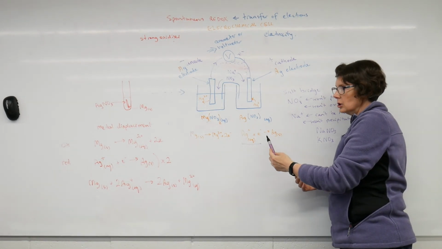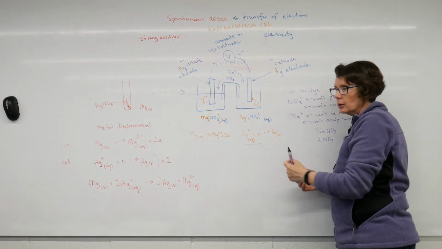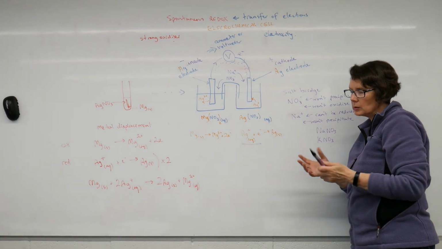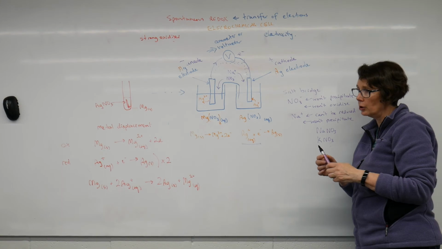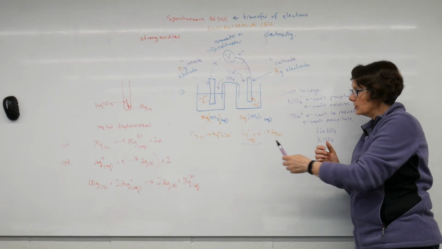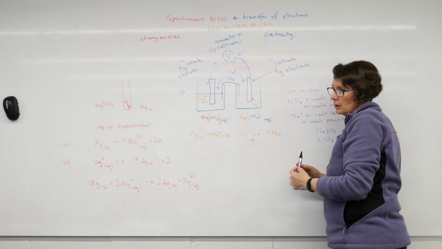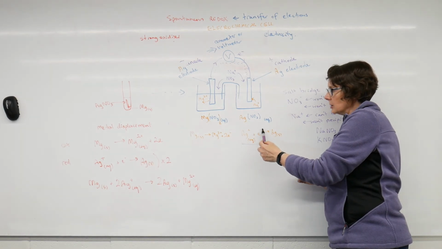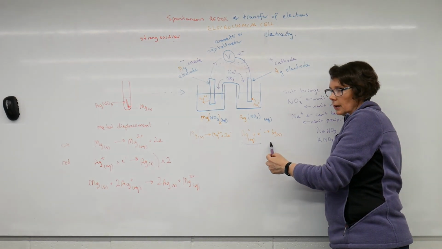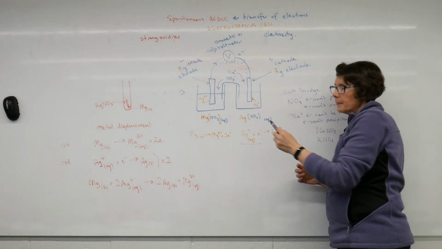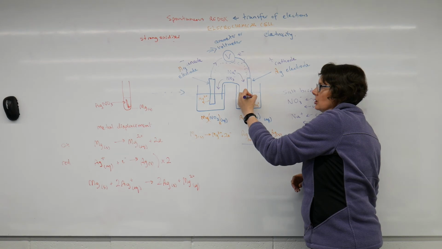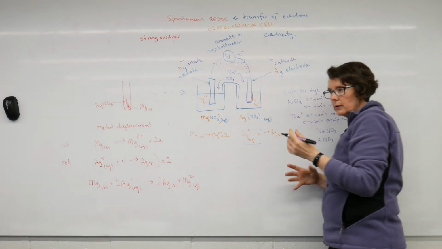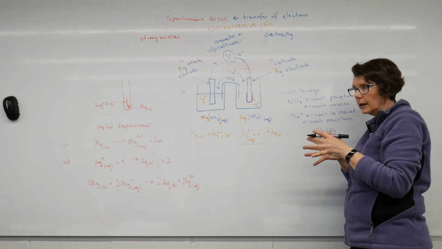Okay, this is a reduction reaction where we're producing a solid, but it's not a precipitate, because a precipitation reaction is the attraction of ions to then form an ionic solid. Whereas this is a reduction reaction, where it's taking an electron and becoming a solid, and what we end up with is a deposition of the silver out of the solution onto the electrode.